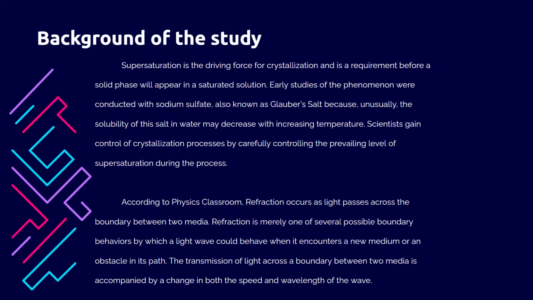Refraction is merely one of several possible boundary behaviors a light wave could show when it encounters a new medium, an obstacle in its path, or a transparent object. The transmission of light across a boundary between two media is accompanied by a change in both the speed and wavelength of the wave.